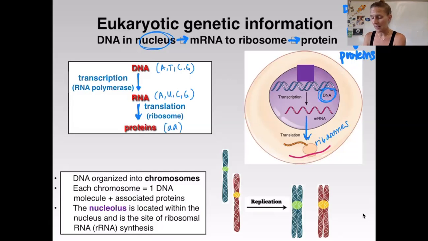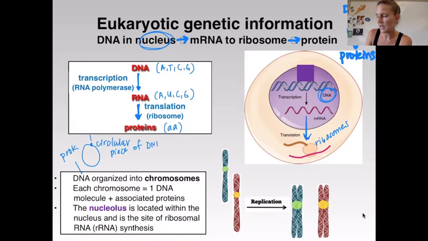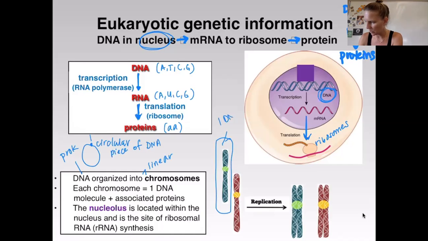So the DNA in prokaryotic cells is a single circle, one circular piece of DNA. In a eukaryotic cell, this DNA is organized into linear chromosomes, where each single chromosome here is one DNA molecule, and they have some associated proteins, right?